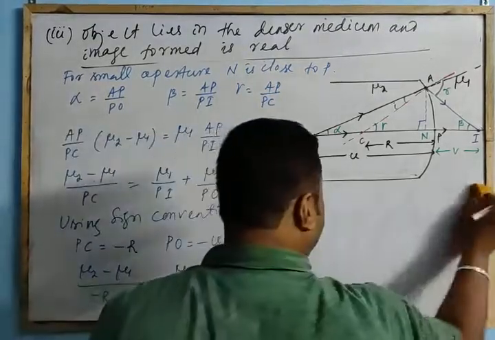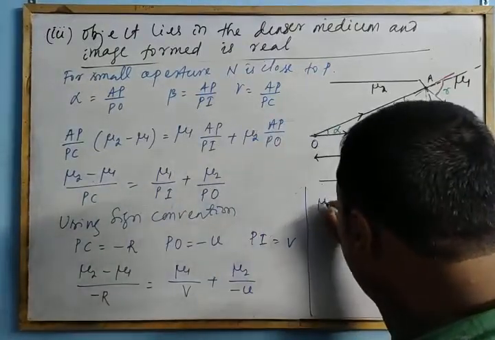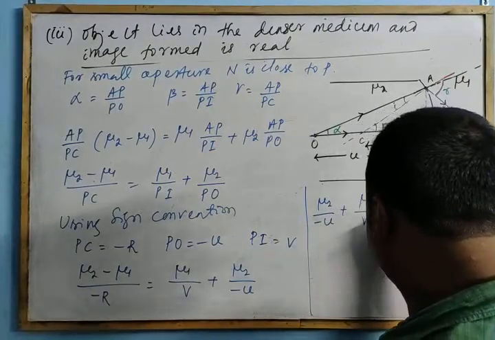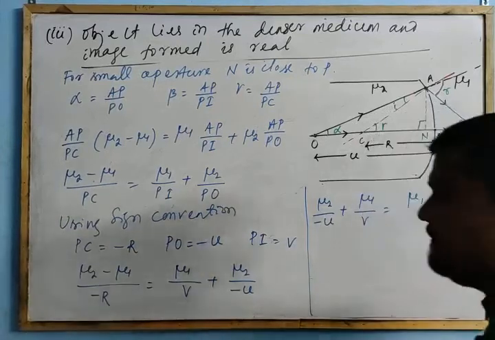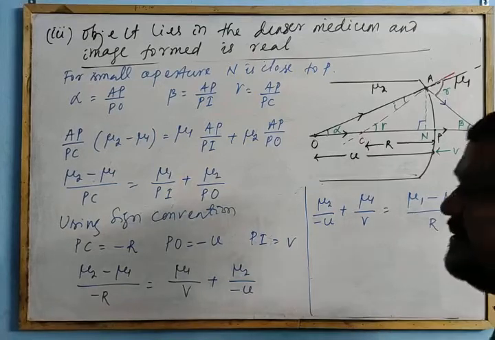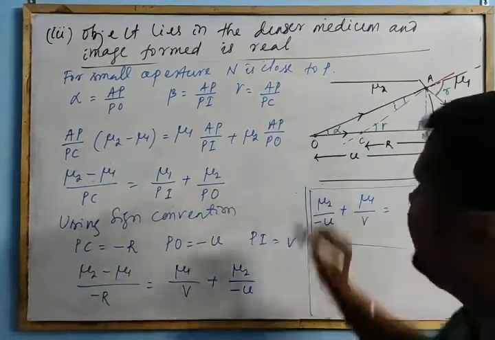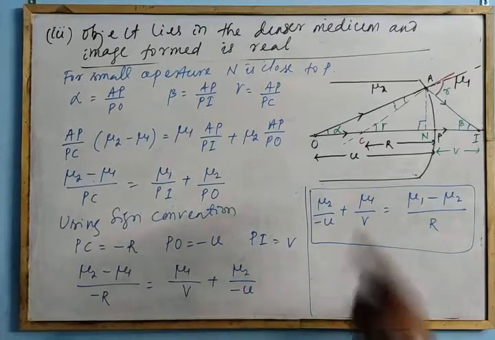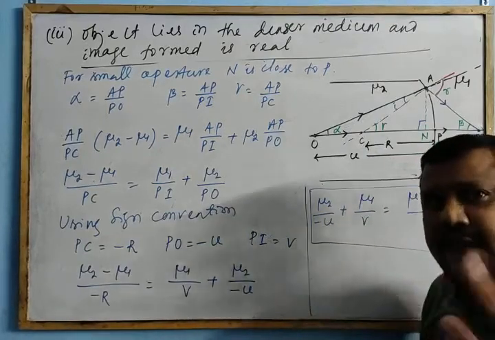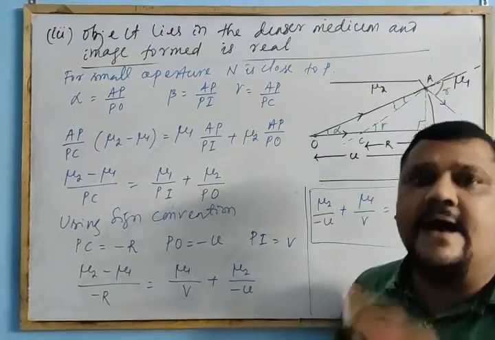Now I rearrange this and write it like this: mu 2 by minus u plus mu 1 by v is equal to mu 1 minus mu 2 divided by R. Multiply by minus. So this is the relation I got if the object lies in the denser medium, and it is different from the previous two cases where the object lies in the rarer medium.